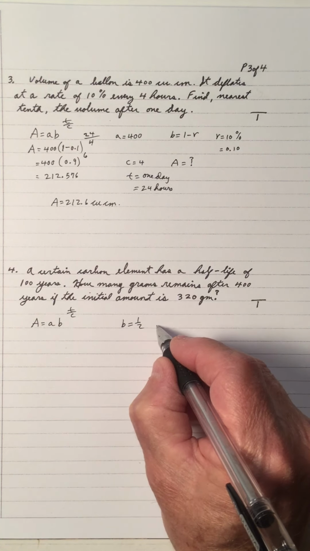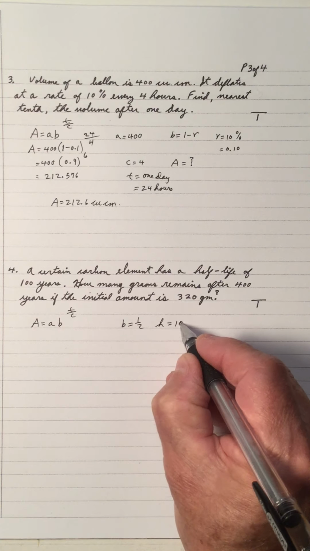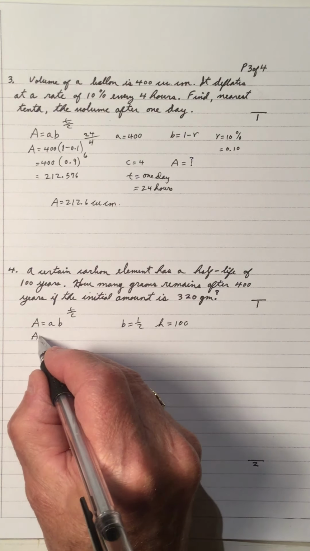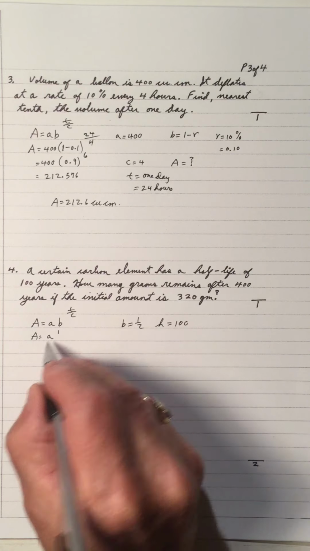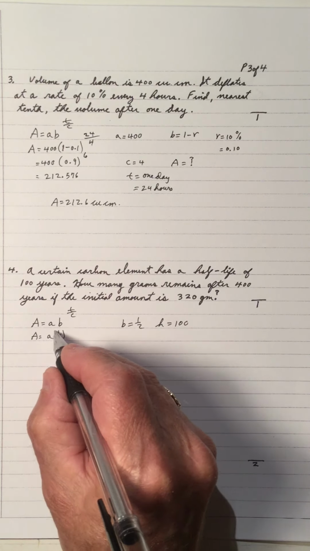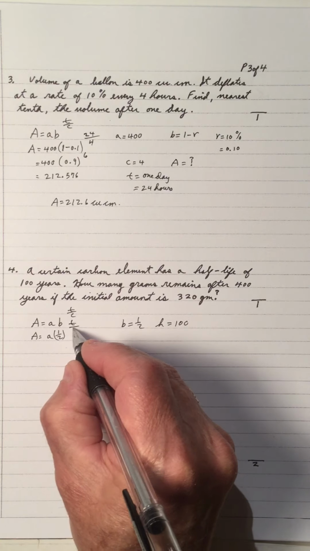And the half-life, if you want to call it H, is 100. So this equation could become A, the base is a half, and it's T over H.